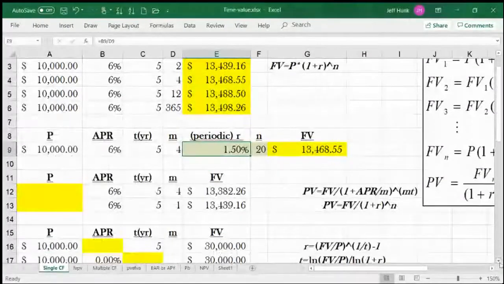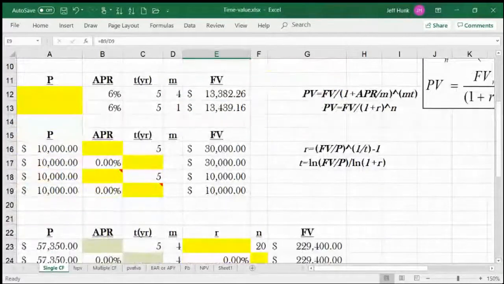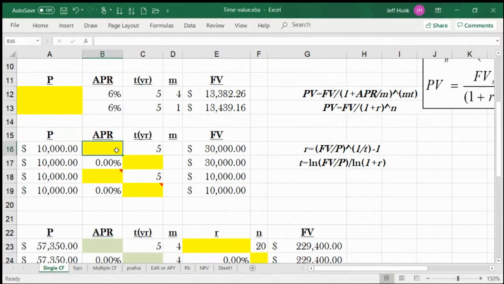So our next example is, let's find R or APR, and then let's find also present value, P, right?